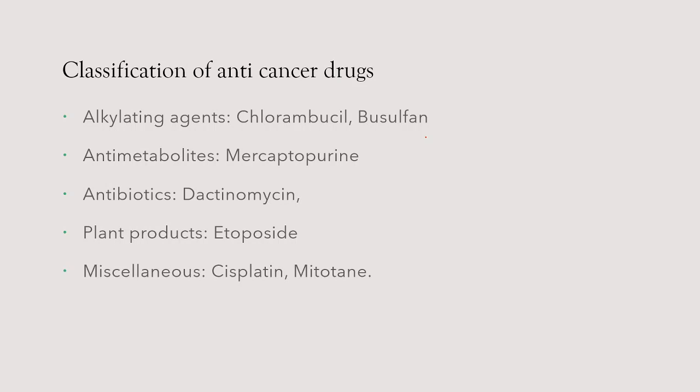For example, I have kept one drug known as cisplatin under the miscellaneous category, but this miscellaneous drug actually works as if it is an alkylating agent. However, when we see the structure of different alkylating agents and compare it with the structure of cisplatin, you will see that cisplatin has an entirely different structure. So in that way we can also keep it under the miscellaneous section.